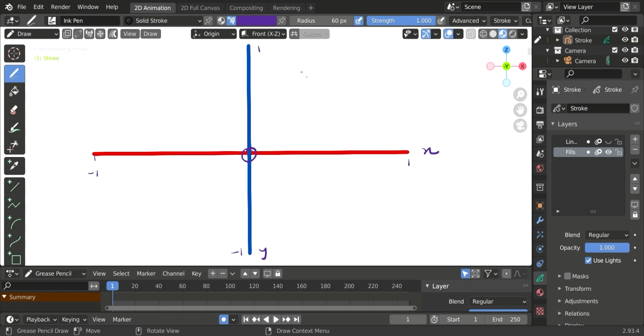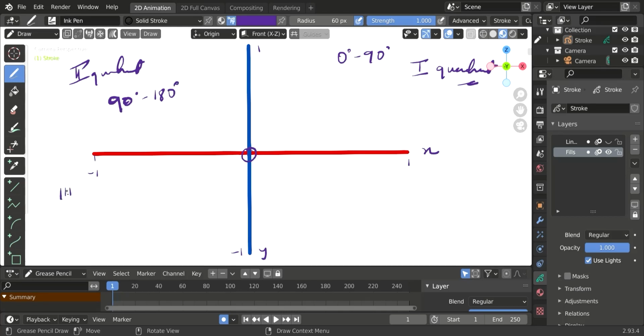So this is the first quadrant, 0 degrees to 90 degrees. Remember, every angle starts from the positive x-axis, so this is 0 degrees to 90 degrees. This is the second quadrant, with values of 90 degrees to 180 degrees.